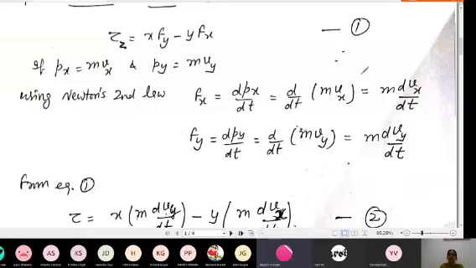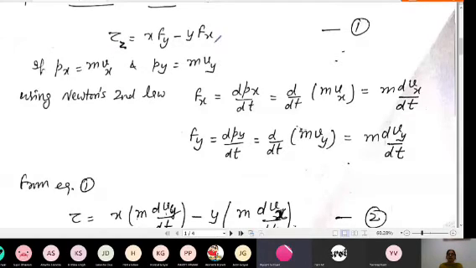Now, if you put this value of the force Fx and Fy in the first equation of torque, so what I'm doing is simply putting the values of Fx and Fy from the second law equations into equation number 1, which is there with me for the torque in Cartesian coordinates.